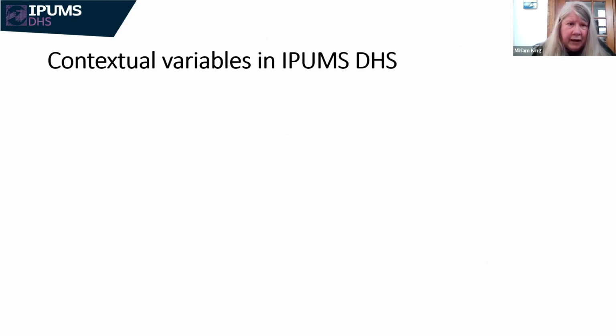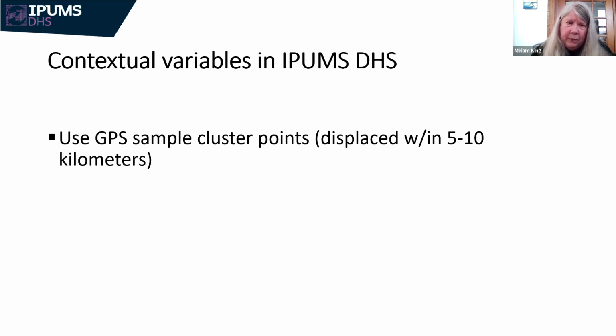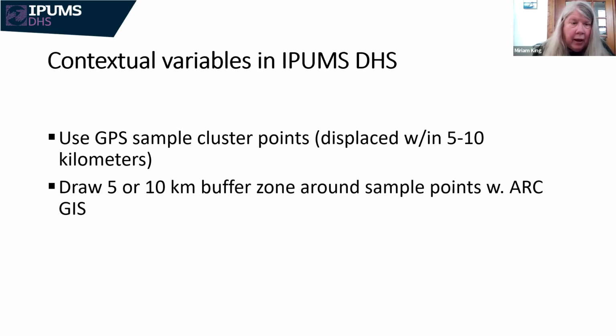That is done by using the GPS sample cluster points, which, to respect respondent confidentiality, are displaced within a 5 to 10 kilometer radius. So taking that displacement into account, we draw a 5 to 10 kilometer buffer zone around sample points using ArcGIS.